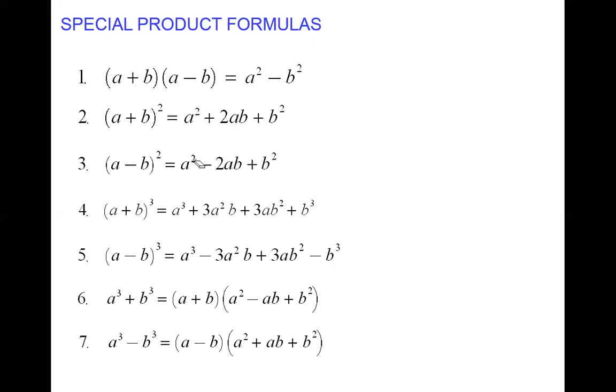A minus b squared, we can expand like that. Make sure that we know the cubes, addition and subtraction. A cube plus b cube can be factored this way, and a cube minus b cube can be factored this way. You can pause the video and make a copy of all of these formulas. They are going to be helpful.